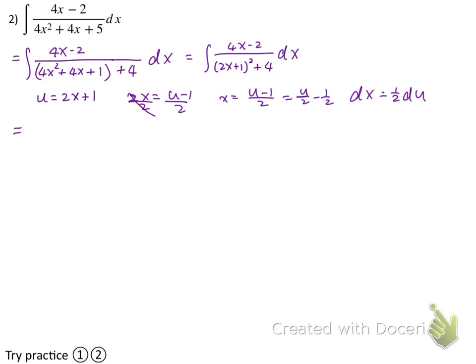Then my integral becomes, my 4x will be 4 times u over 2 minus 1/2, over, this is u, the parentheses, 2x plus 1, it's u squared plus 4, then the dx is 1/2 du. They cancel to be 2, and then the 2 cancels these 2.